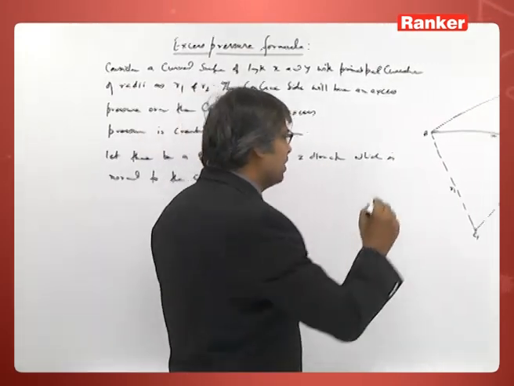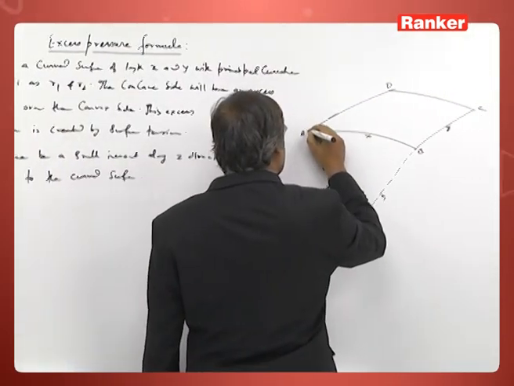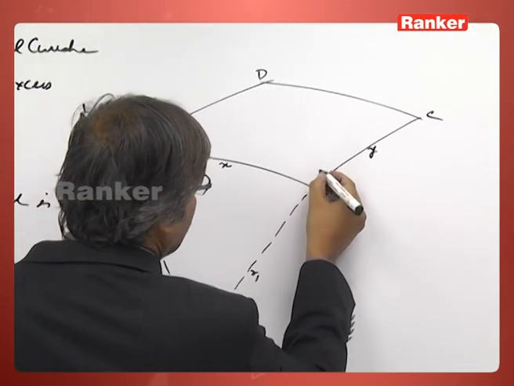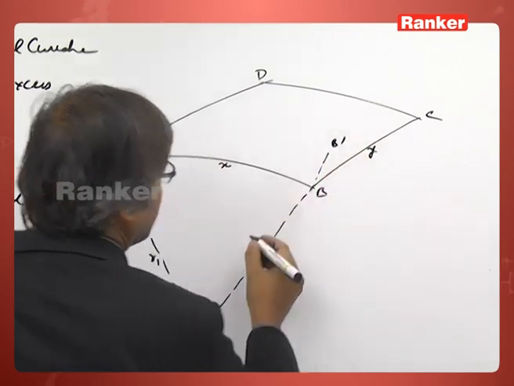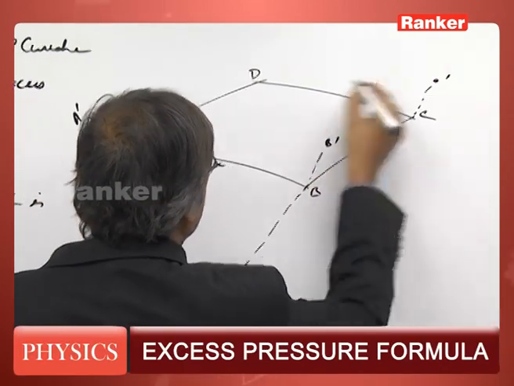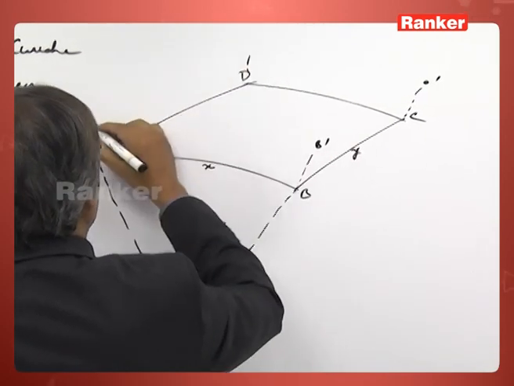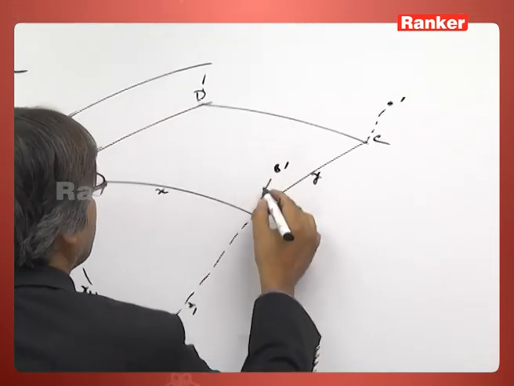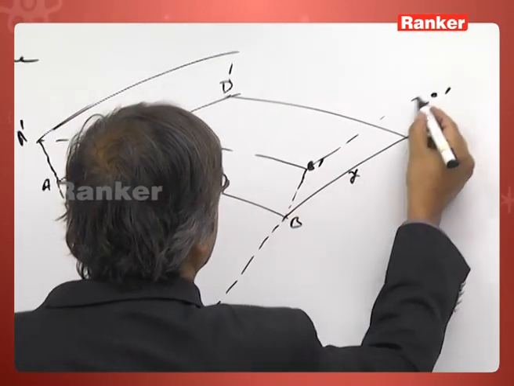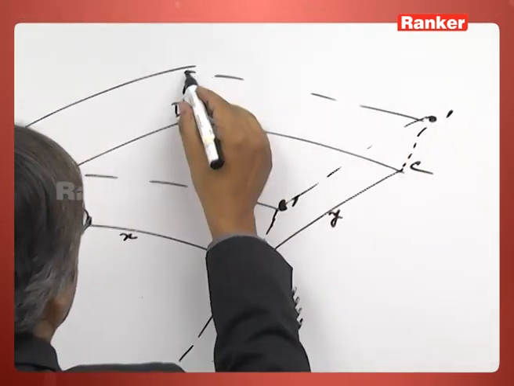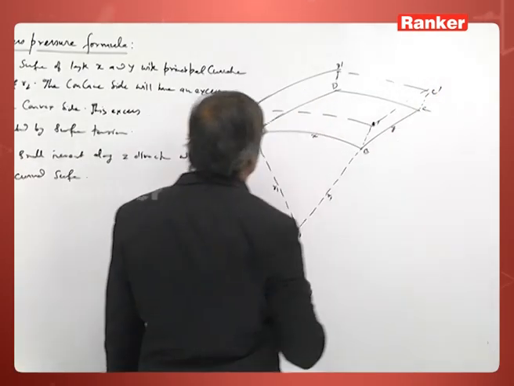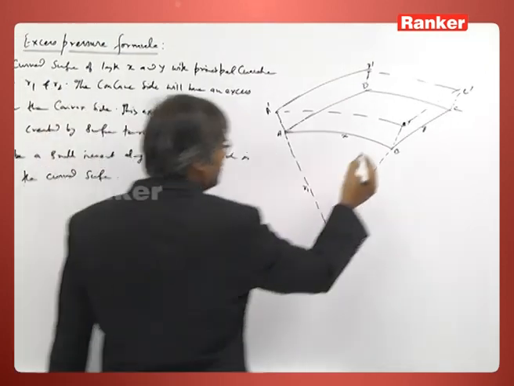So, you see here what happens: A rises to A dash, B rises to B dash, and C rises to some C dash and D also. So, we will have this new surface as this much. This is D dash, C dash.